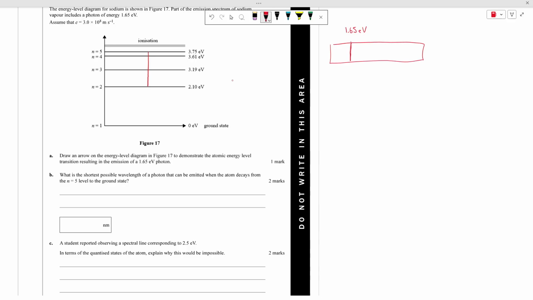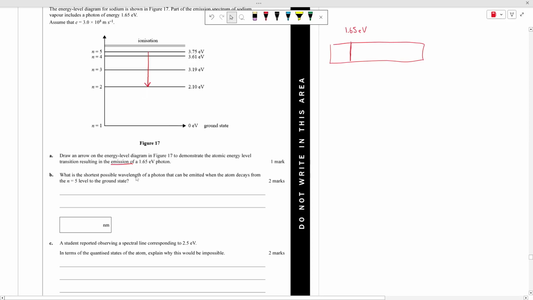Okay, so 3.75 minus 2.1 is 1.65. Is it an absorption or an emission? Is the arrow pointing up or down? This is an emission, which means the electron is losing energy and that energy gets emitted as a photon. So the arrow has to point down.